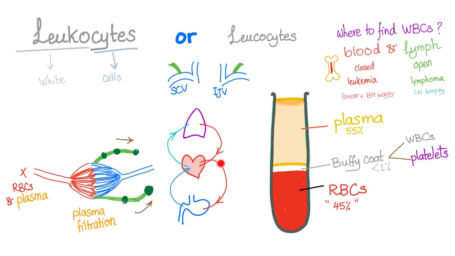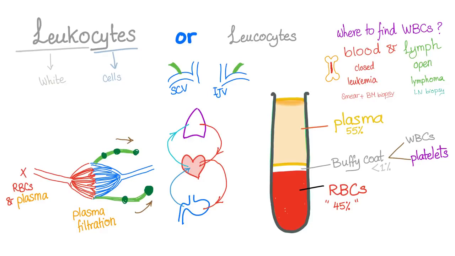Pump it through the aorta to the rest of your body. Then the rest of your body uses oxygen and produces CO2, which goes through the superior and inferior vena cava to the right side of your heart. Welcome back home. Starts in the heart, ends in the heart, closed system, that's the blood.